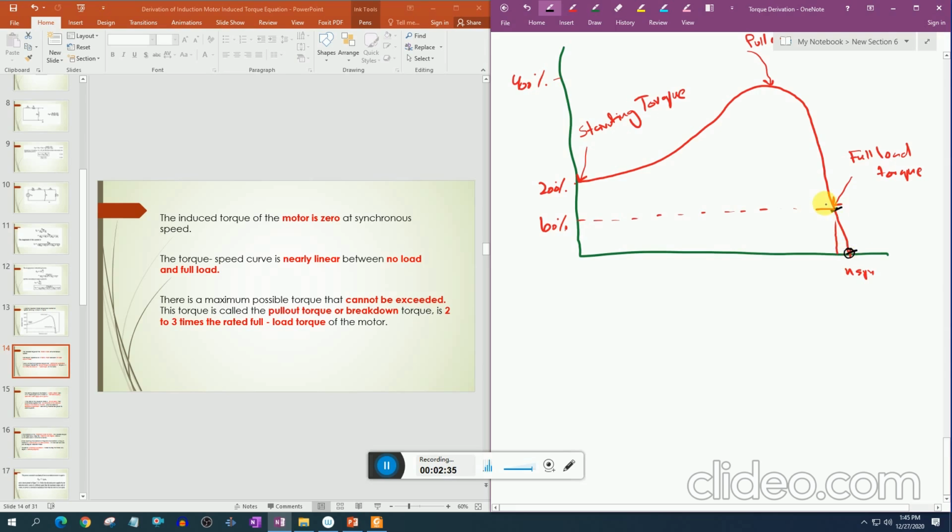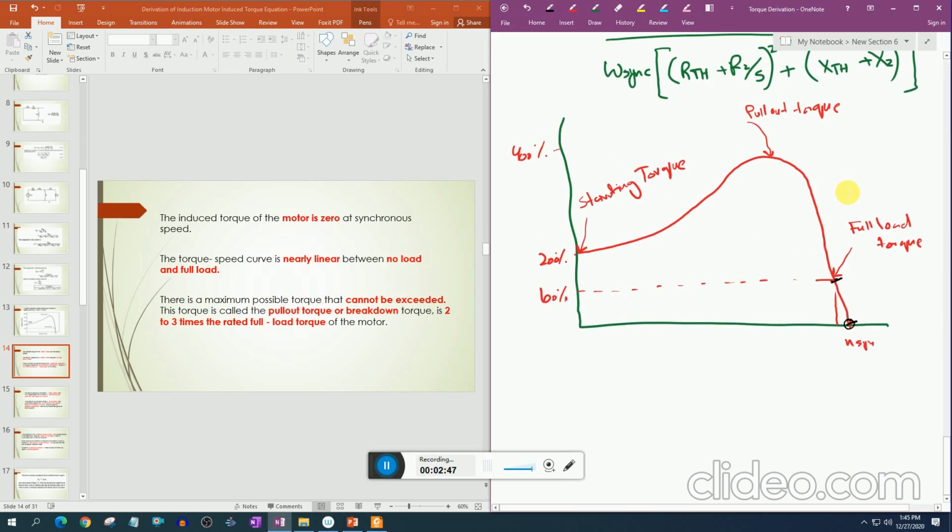The third point of this curve is that there is a maximum possible torque that cannot be exceeded. This is the maximum torque, which is the pull out torque. At this pull out torque, when further load is increased, the motor moves towards stopping and the motor will stop, because there is a maximum limit of this torque.